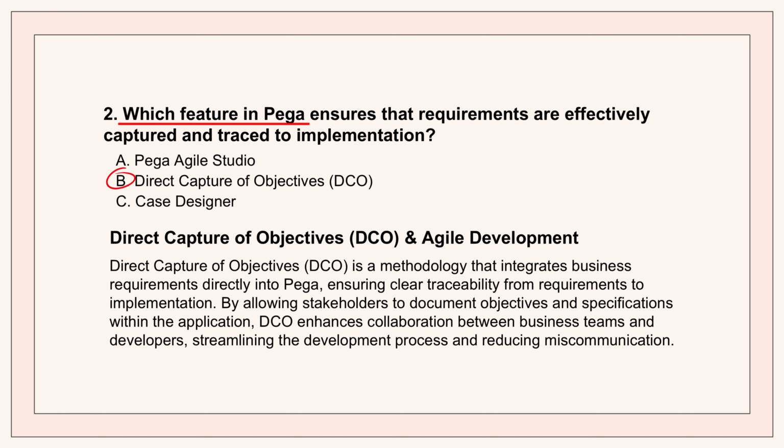Oh, how so? You know how sometimes in development, you have these situations where what gets built is totally different from what anyone actually wanted. Oh, yeah, definitely been there. It's a nightmare. DCO helps avoid that by bringing the business folks and the developers together right from the start. Make sure everyone's on the same page. Right, that communication is key. So DCO is our winner for this one.